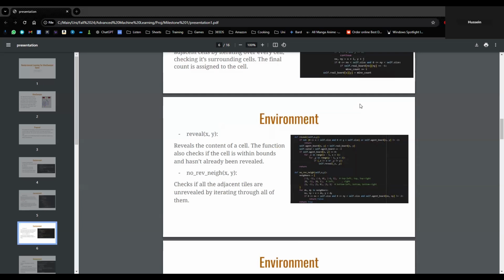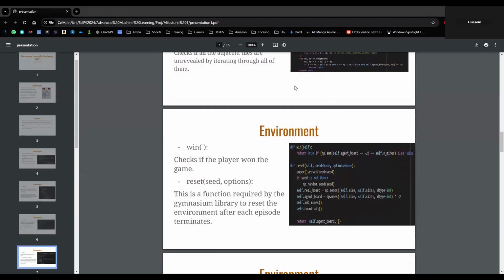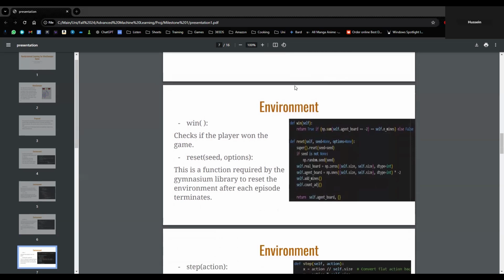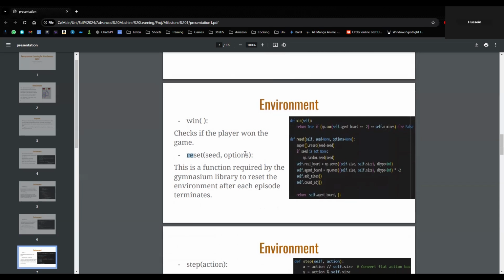We use it to check if the agent is taking a random guess. So the next function, win, just does what it says, checks if the game is won or not. We also have reset, which is required, and it resets the environment after each episode when training the model.